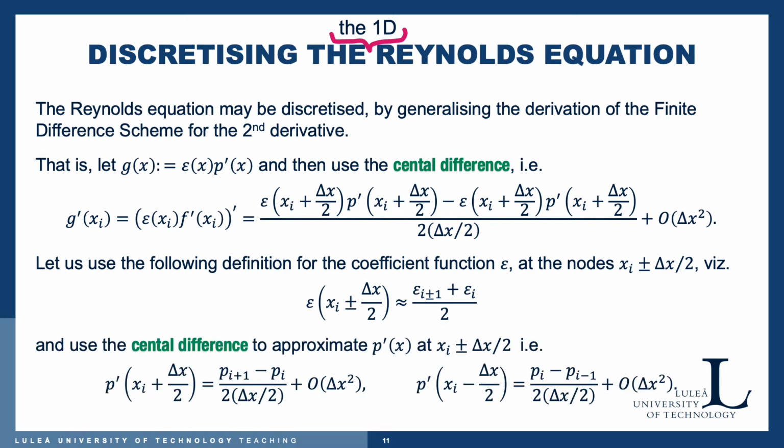Okay, so what remains then is to use the central difference again to approximate p prime of x at the half-spaced nodes x_i plus minus delta x half. So we do it again both for the x_i plus delta x half and x_i minus delta x half points.